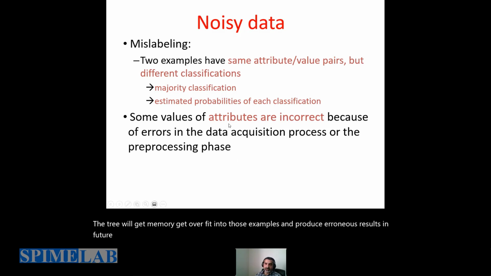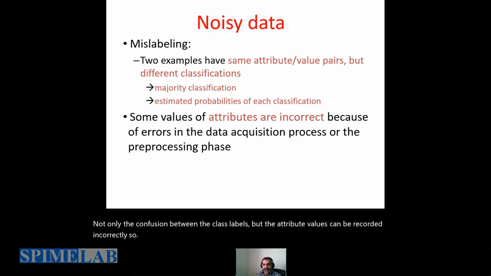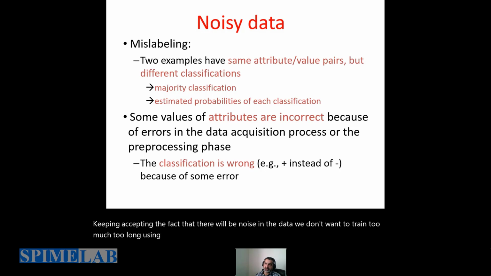Similarly, there can be noise in the attribute values as well. Not only the confusion between the class labels, but the attribute values can be recorded incorrectly. So accepting the fact that there will be noise in the data, we don't want to train too much, too long, using all the information we have, increasing the tree size as much as possible.